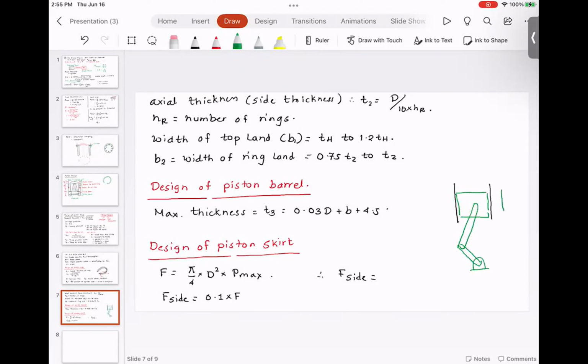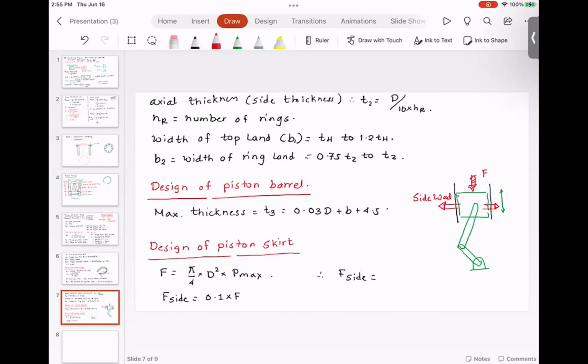As the piston is going up and down, because of the articulation of the connecting rod, you are going to get side loads. That side load is assumed to be 0.1 times the total load.